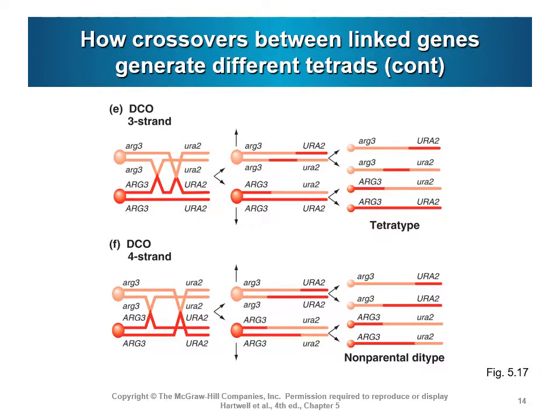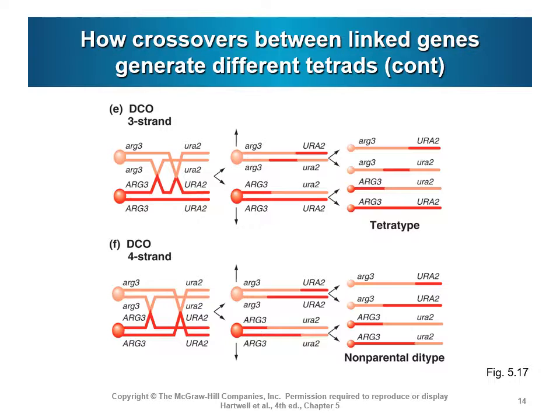Case E here is another case of 3-strand crossover, which is causing tetratype again, and the F case is 4-strand crossover, which is causing non-parental ditype.